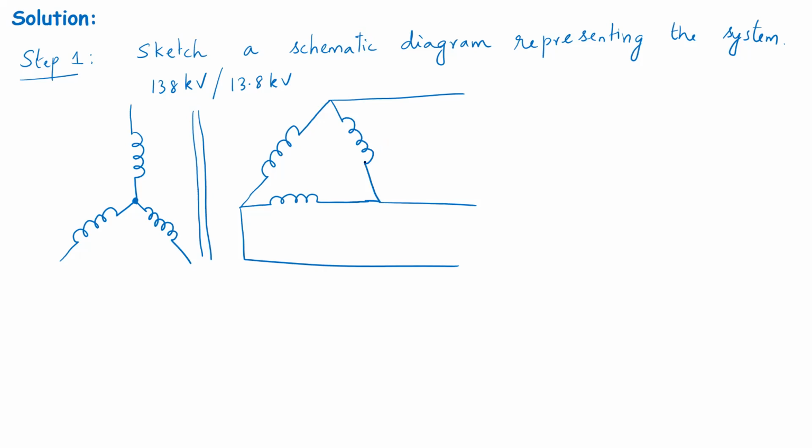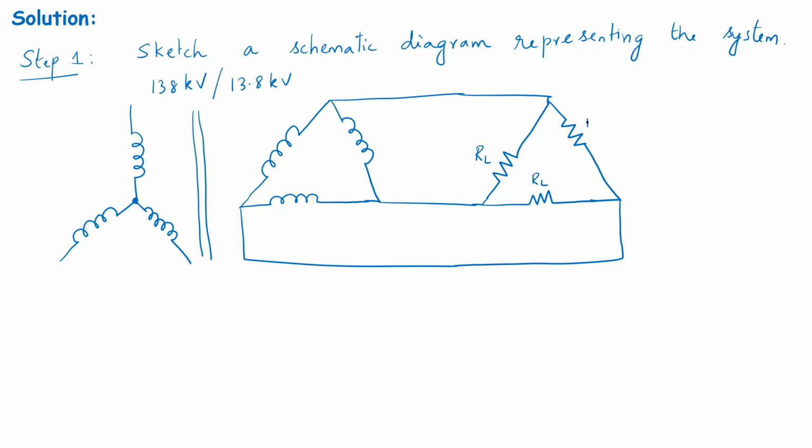And to the delta connected side of the transformer is the load that is connected here, and the load is a purely resistive load, and that is also delta connected. Okay. So the load, let me call each of the resistors in each of the phases as R subscript L. Because it's a balanced load, they will all be equal in values.